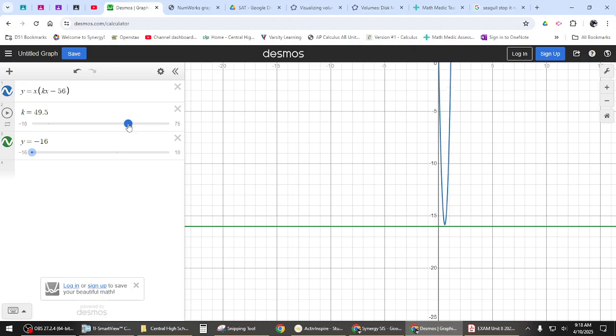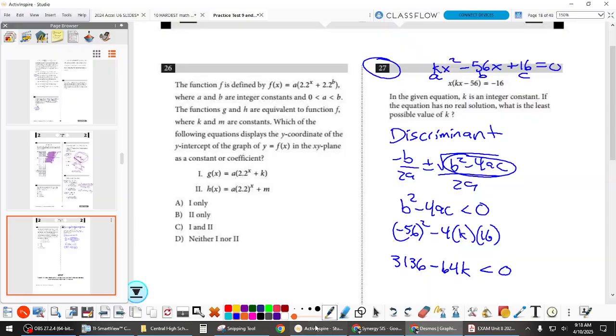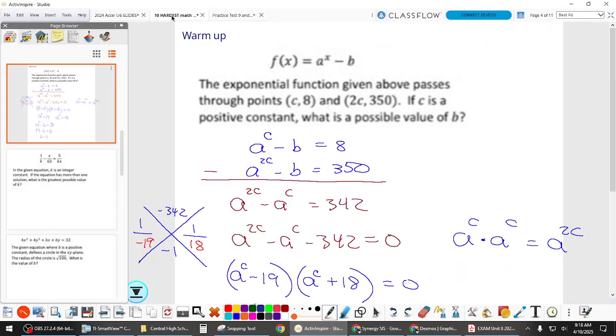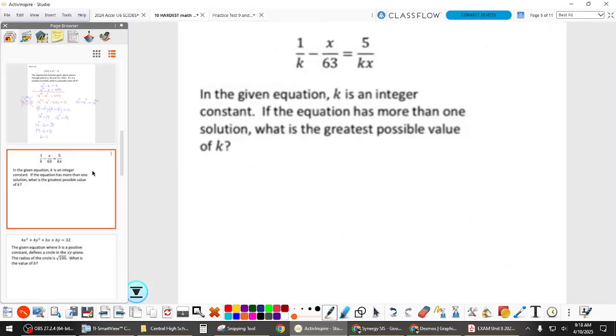Okay, and then that's where we get 50. Oh, I'm clearly not having a solution at this point. And that's the first whole number that shows that. Okay? Any questions on the Desmos side of that? If I had expanded it, I could have found it. Okay. Alright.